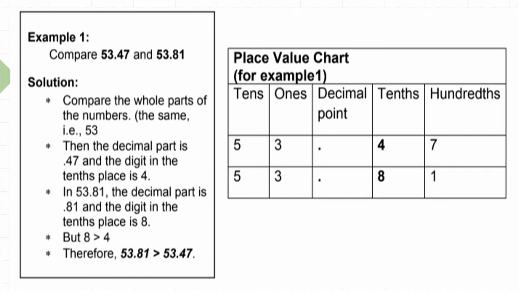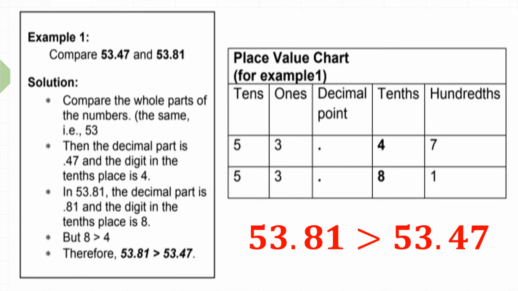Meaning, 8 is greater than 4. So therefore, 53.81 is greater than 53.47. That is how to compare numbers. Just remember the place value chart.